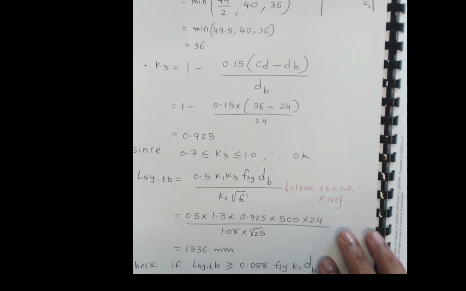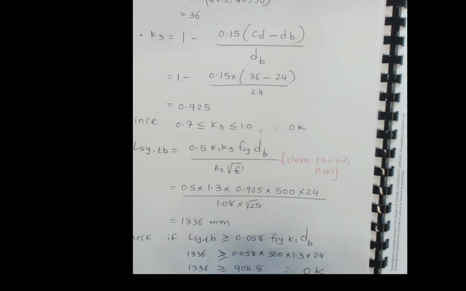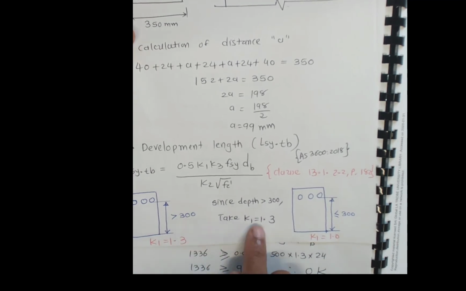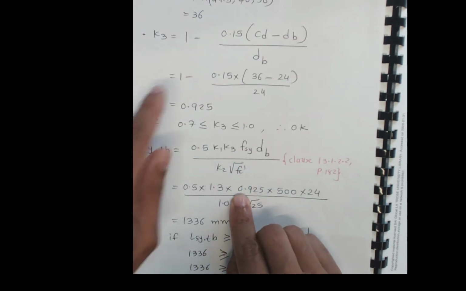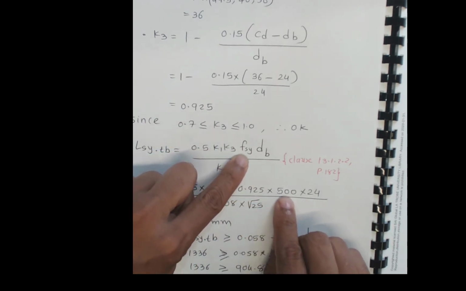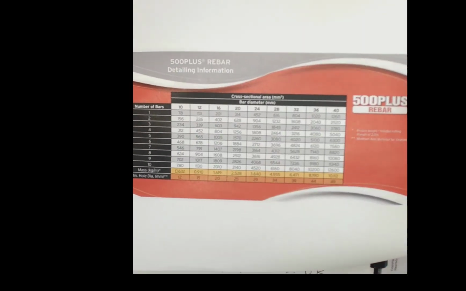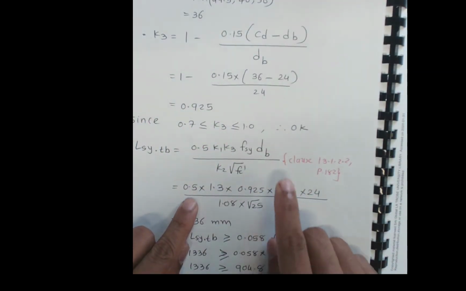Now I rewrite this equation here again. In that case we found all the values. K1, if you remember in the previous step, based on the depth of the reinforcement, we found K1 equal to 1.3. K3 we just found here, 0.925. Fy is 500, for N bars, so if you look at the tables, we can say that this is 500 megapascals yield strength.